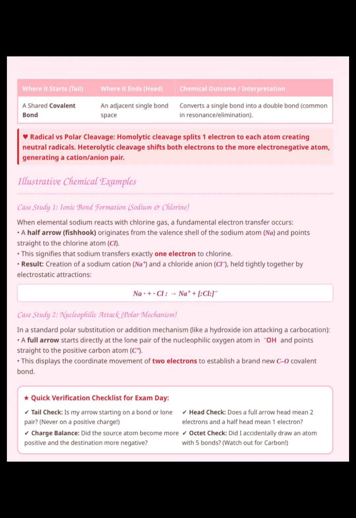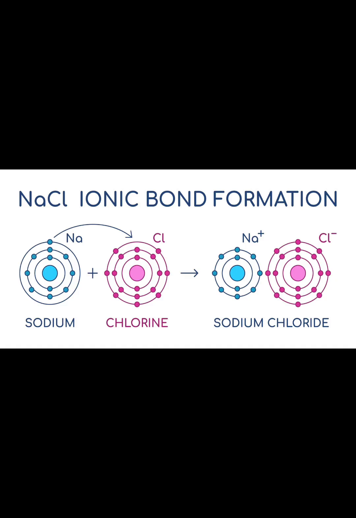Sodium and chlorine. Let's look at the first example on the sheet. It's forming an ionic bond between sodium and chlorine, and sodium has one lonely valence electron, and chlorine really wants one more to be stable. Because it's just one electron moving, we use that little fishhook arrow.